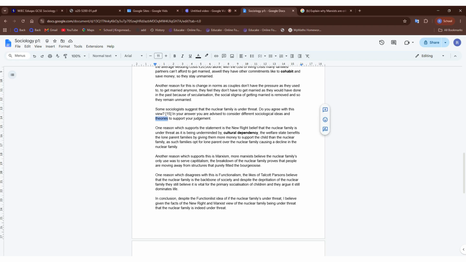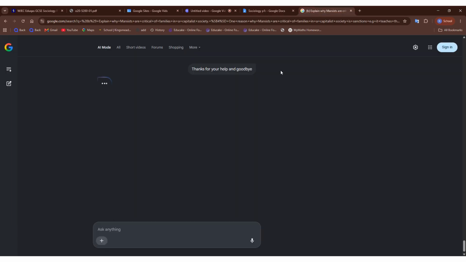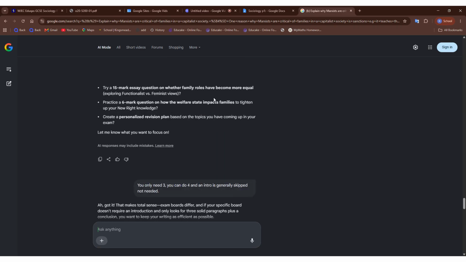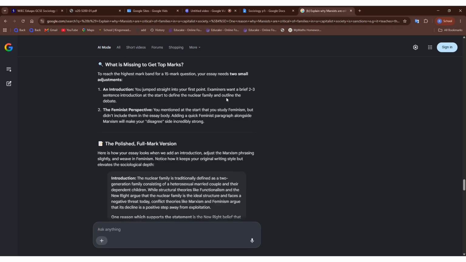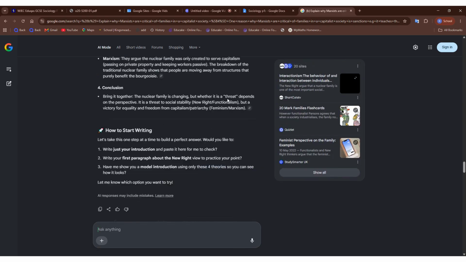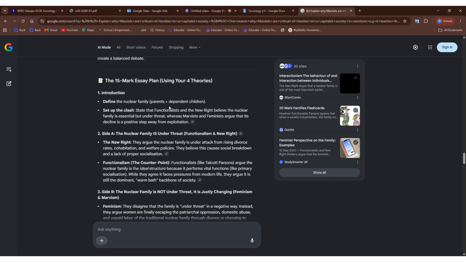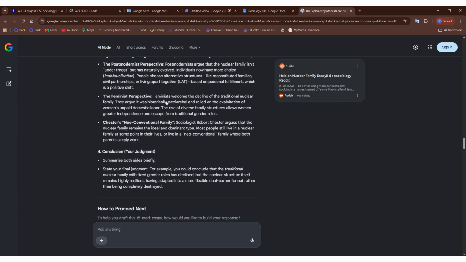Obviously, theories, just the beliefs of each, like the new right, Marxists, obviously the idea for Marxism, functionalism, functionalist ideas. Obviously, you also have feminism. I believe I don't do these ones, maybe they're A level. But when I was going over AI, because obviously I get them to mark, there were actually other series that I've never seen before.